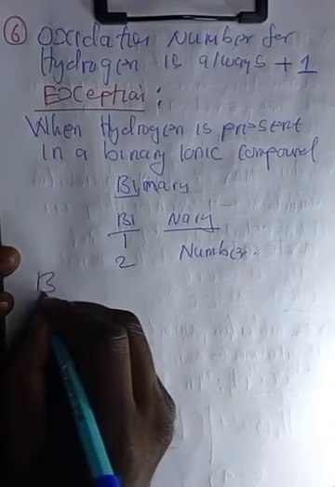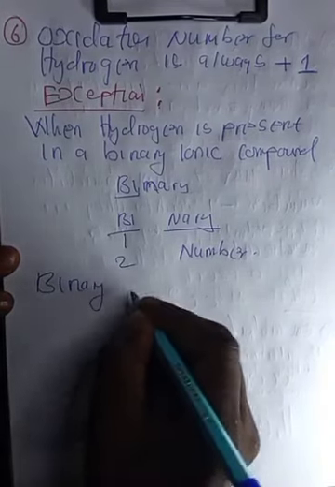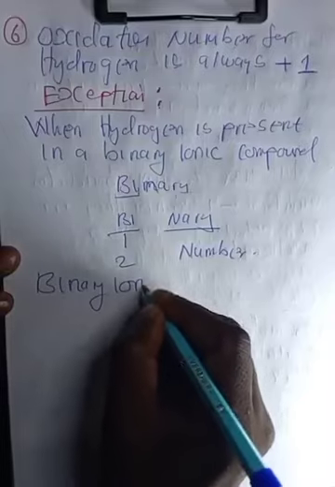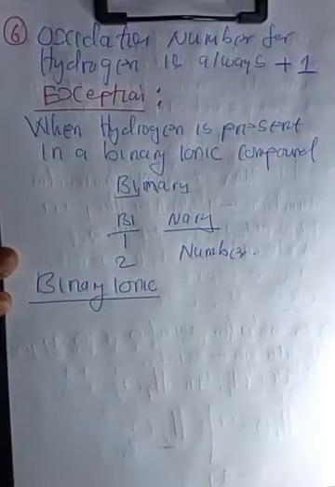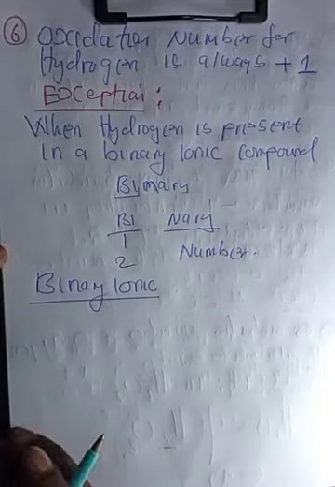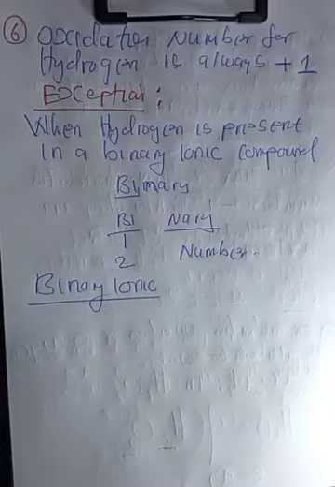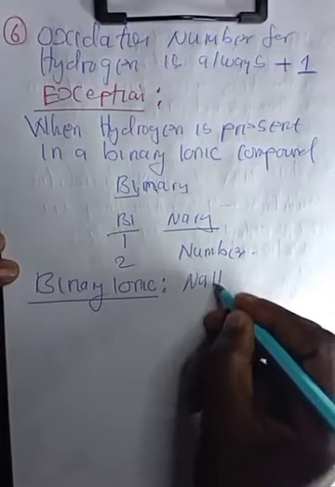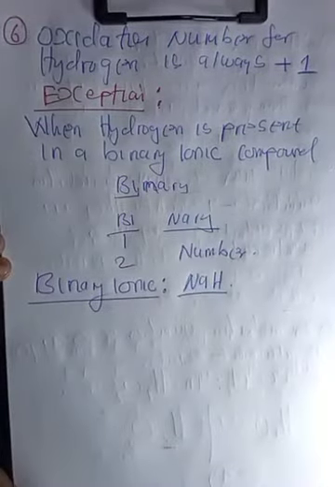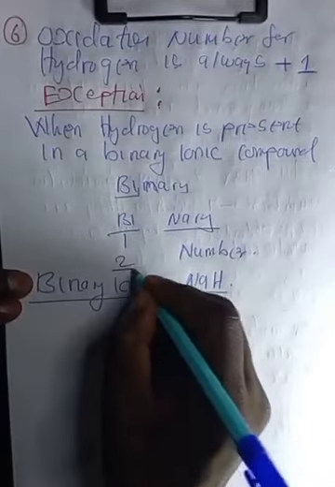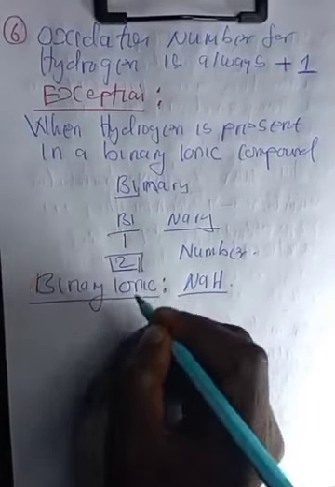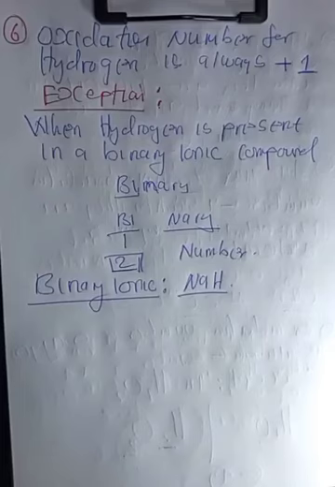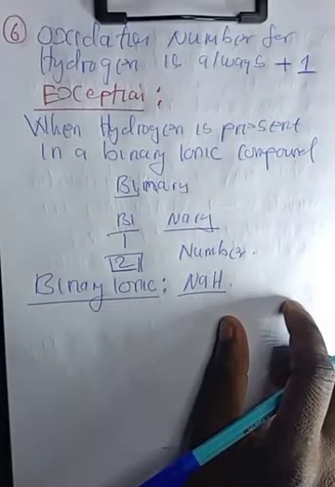What is a binary ionic compound? A binary ionic compound is a reaction between a metal and a non-metal. And in that particular reaction, there are only 2 elements. For example, sodium hydride, this is binary ionic. We only have 2 elements. So bi means 2, meaning in that compound only 2 elements are present, which is hydrogen and a metal.